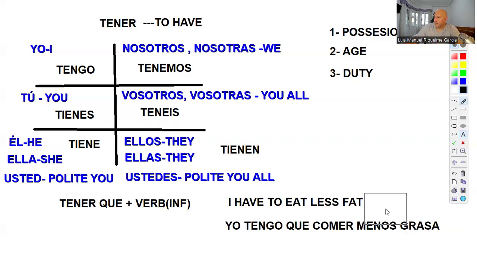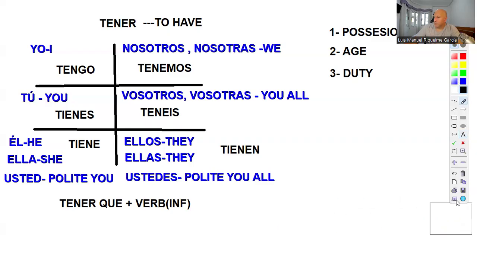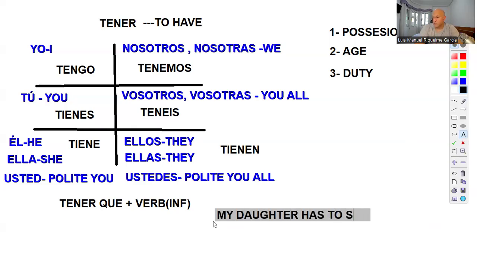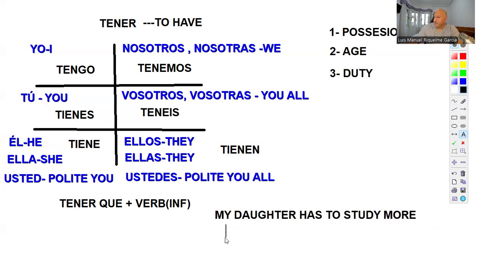Or for example, my daughter has to study more. For example, mi hija, and because mi hija, it's a third person, single, it's a she.